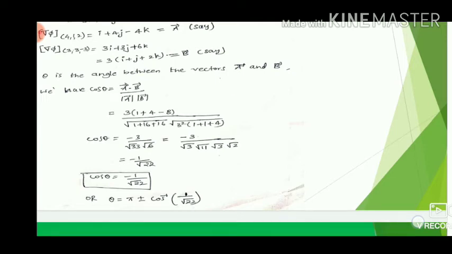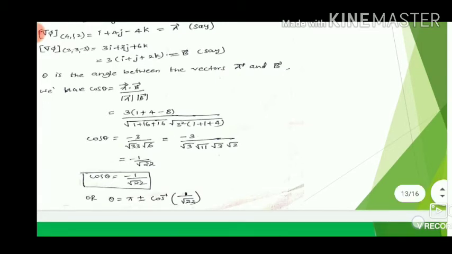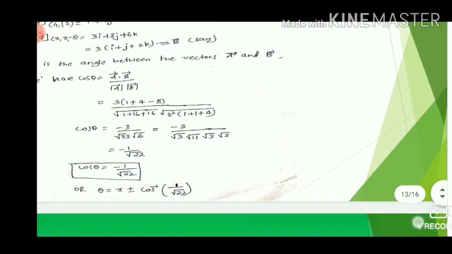Divided by the magnitude of vector a, which is root of 1 squared, that is 1, plus 4 squared, that is 16, plus (-4) squared, which is 16, into the magnitude of vector b, which is given by 3 into root of 1 squared, that is 1, plus 1 squared, that is 1, plus 2 squared, that is 4. So cos theta equals -3 divided by root 33 into root 6.